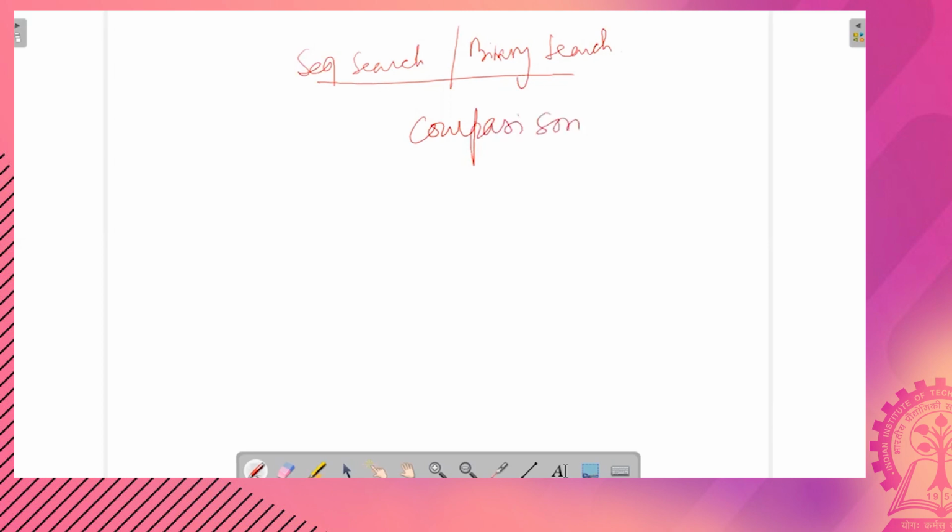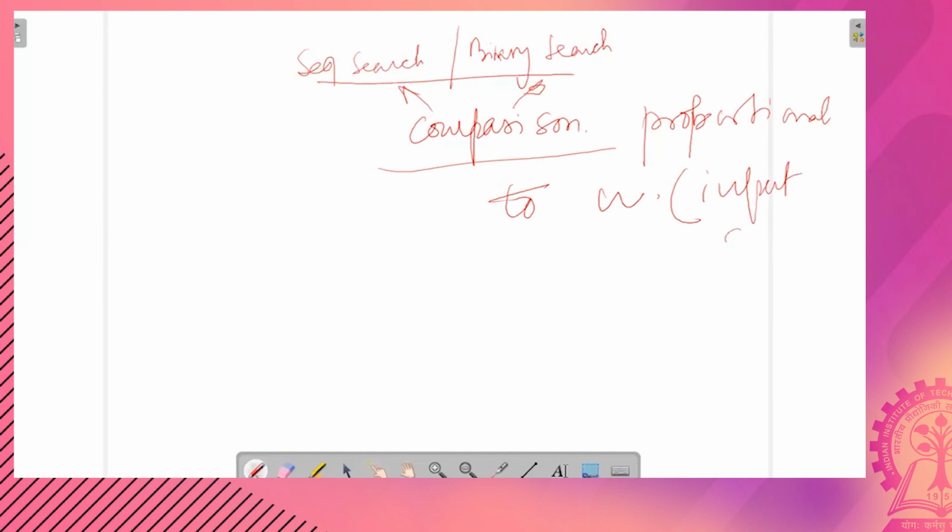Depending on the type of algorithm you propose, the number of comparisons varies. But in both cases, the number of comparisons is a function of n, the input size. In sequential search the number of comparisons was n, and in binary search it was log 2 n plus 1.